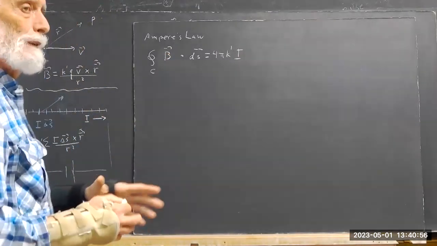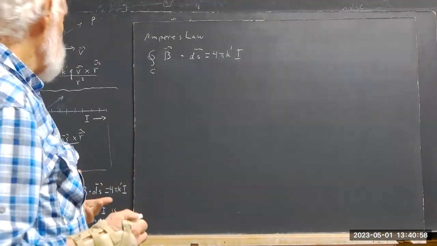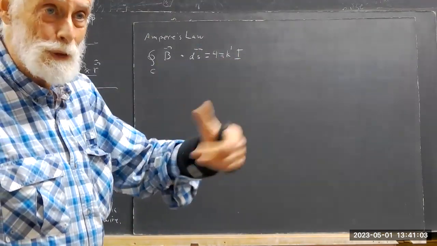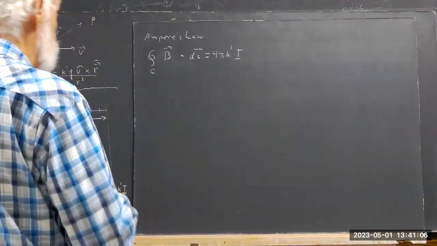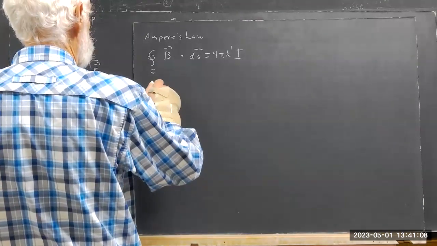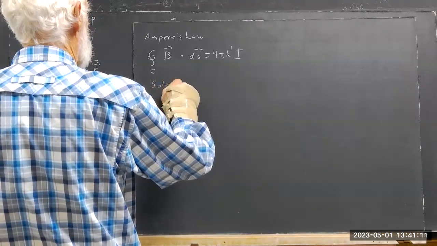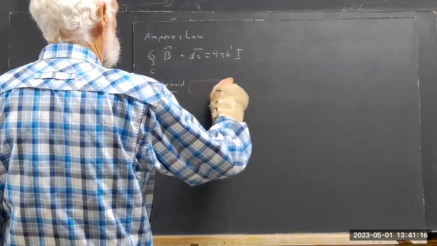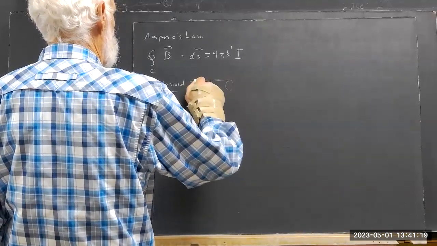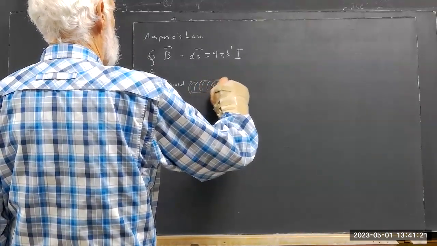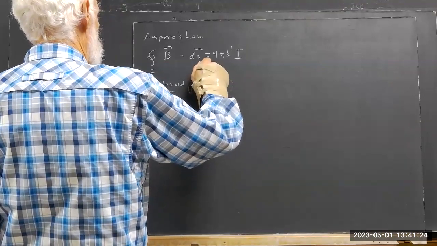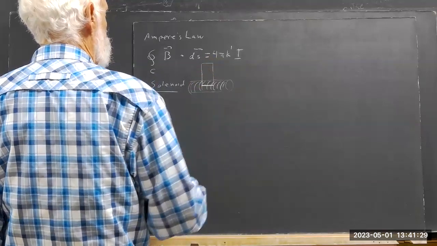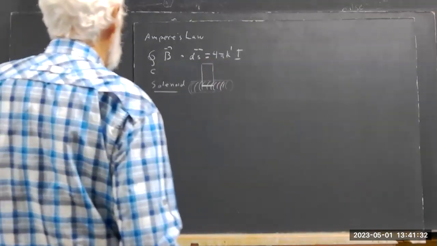So, for example, take a solenoid, which is relevant to one of the devices, one of the wires that you will use in the lab. You've got a cylindrical core, a bunch of wire around it, and you use a panel that looks like this. And you integrate around the path.